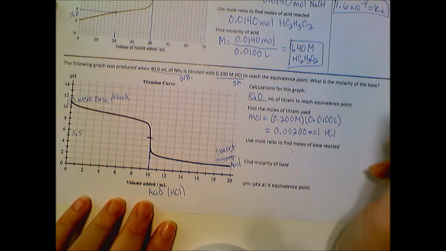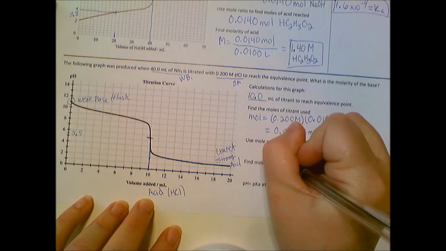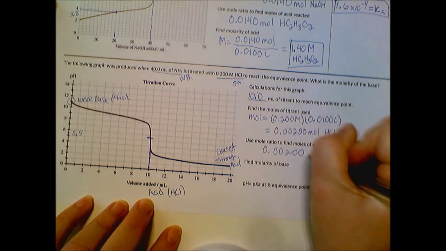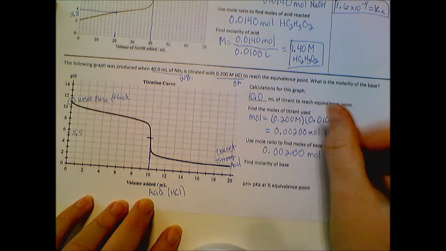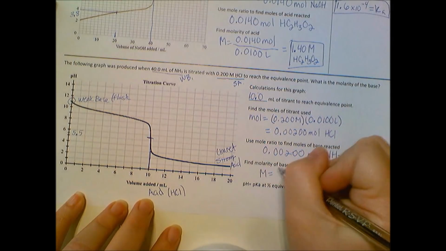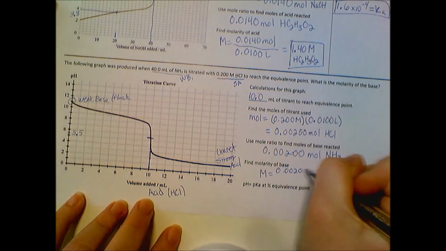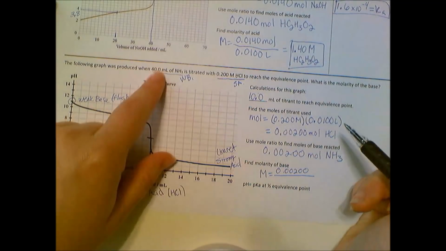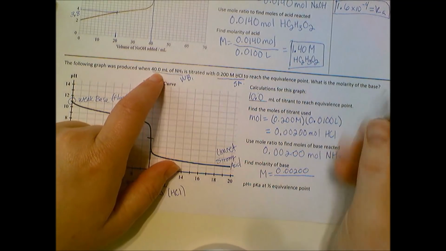All right, use mole ratio to find moles of base. It's a 1-to-1 ratio. They all are. So we have the same number of moles of our base, NH3. And then we want to find our molarity of our base. So our moles of our base over our volume of our base. So there are 40 milliliters of that added to the flask.